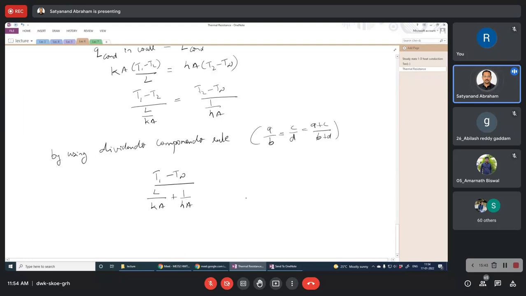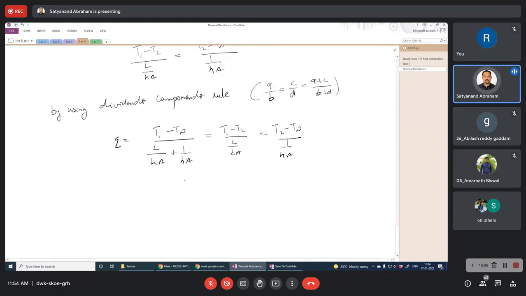This is again equal to (T1 minus T2) divided by L by kA, or we can write Q is equal to (T2 minus T infinity) divided by 1 by hA. So this is the general form for thermal resistance.